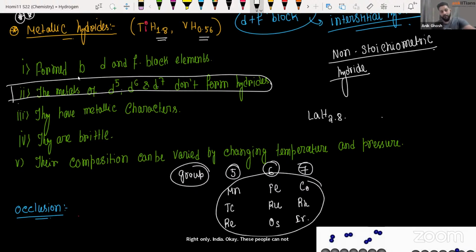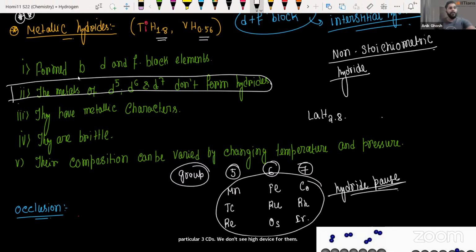That's why we call them hydride gap. We call them hydride gap as well. For these particular three series we don't see hydrides, so that's why we call them the hydride gap.